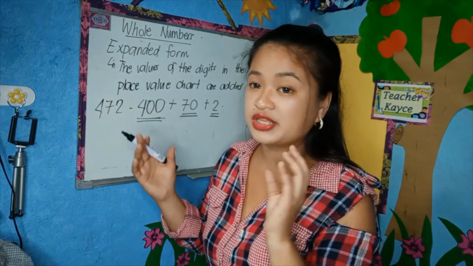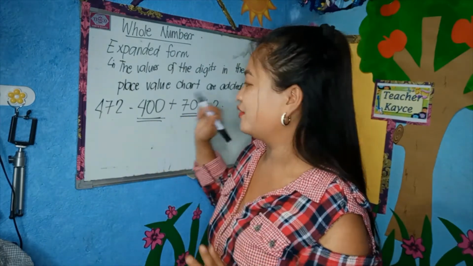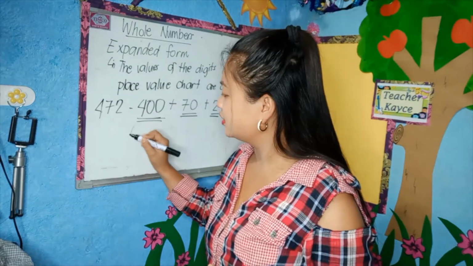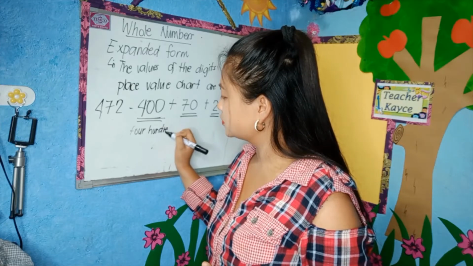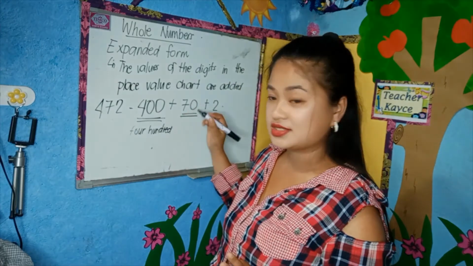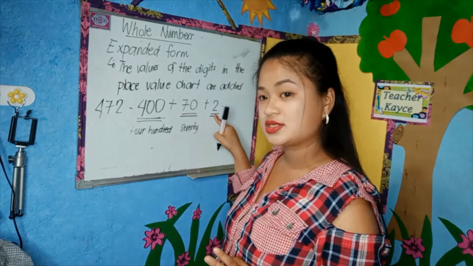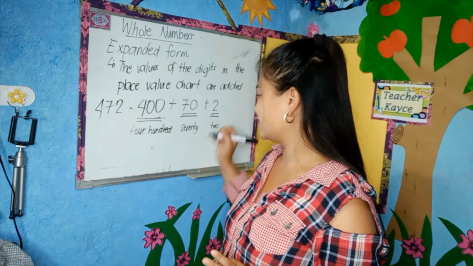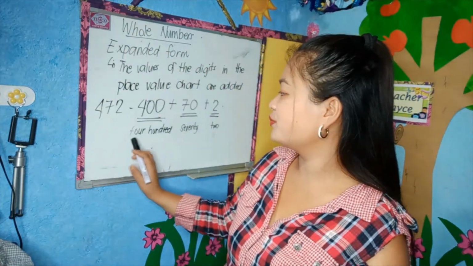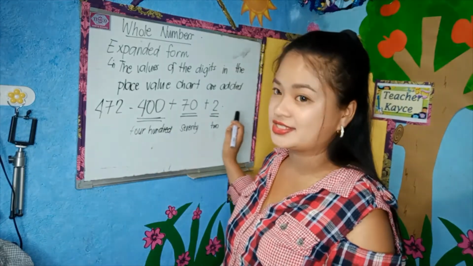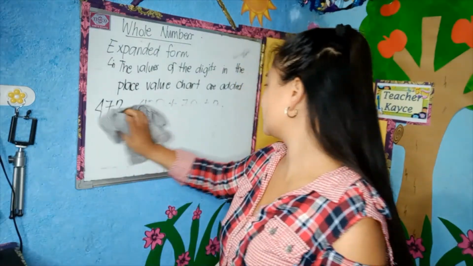If you are going to read it in an easier way, expand them, and we will have 400, this is 70, and this is 2. So we have here, in your expanded form, 472.